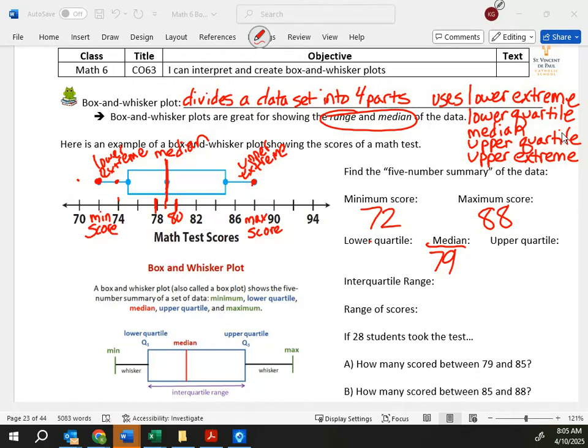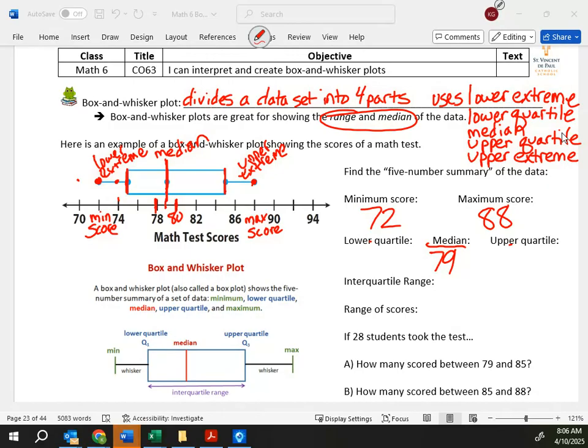So now we have two more words to talk about, that lower quartile and the upper quartile. James? Would it be like the end of the rectangle? Yeah, it's the end of the box. So if I have 1 point here and 1 point here, which one do you think is the lower? Using just our logic, where would the lower quartile be? On the left, by the lower extreme, the lowest number.